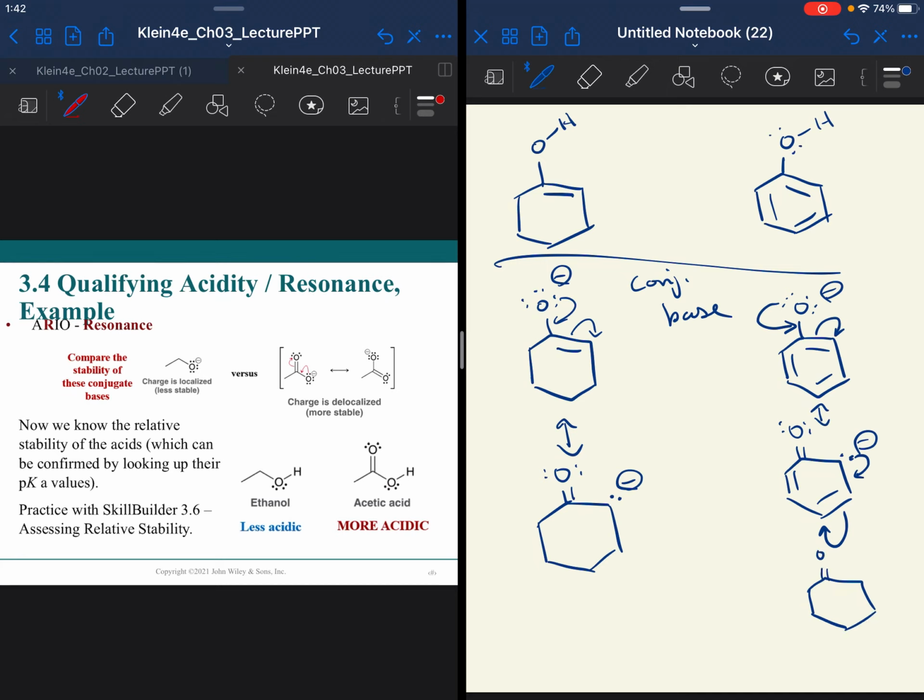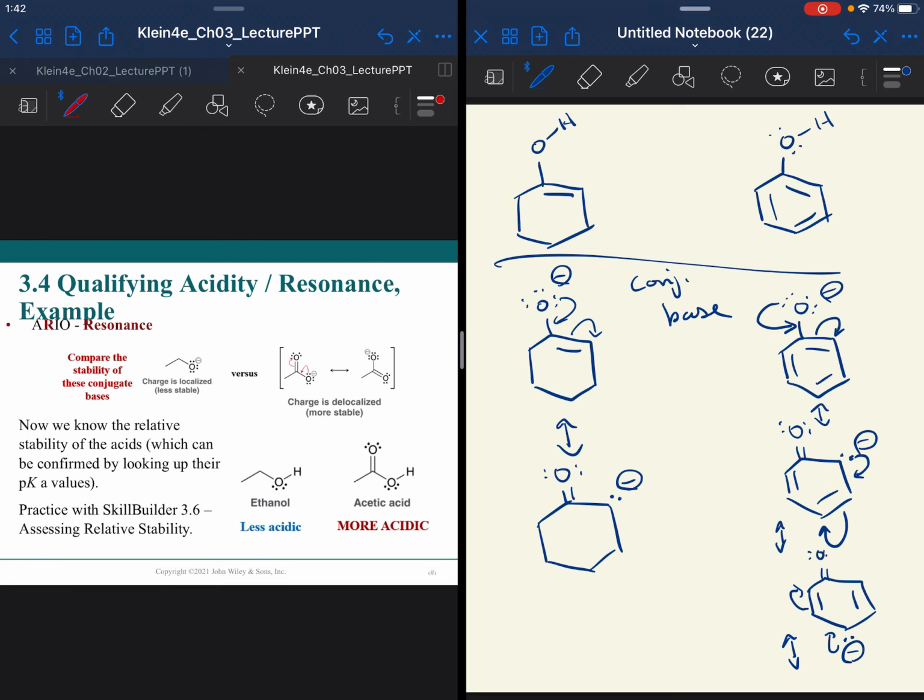So that negative charge, I'm going to put my resonance arrow here, can be shared not only with that one carbon to the right, it could also be shared with this carbon here on the bottom. You could keep going and share with this carbon here on the left, right? And so it can continue on.